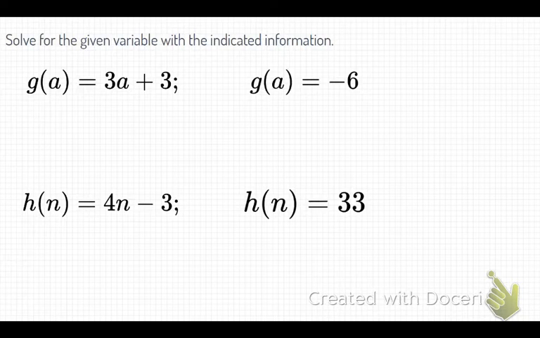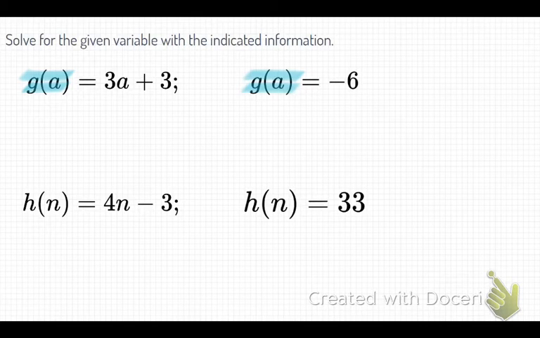What do you think I have to do? I have g of a equals negative 6, right? What else does g of a equal? 3a plus 3. So what do you think I can do?